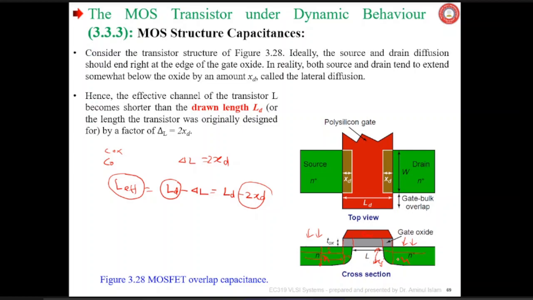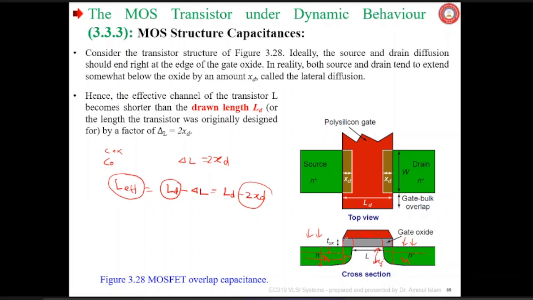That same name is still used, even though nowadays diffusion is not used. The process name is now ion implantation. Like earlier in MOSFET, metal was used at the gate. Now it is poly, still the MOSFET term is used. Historically, it is called MOSFET. Okay, anyway, I am getting diverted.